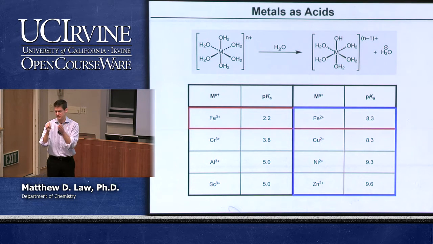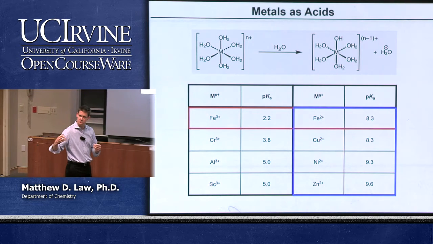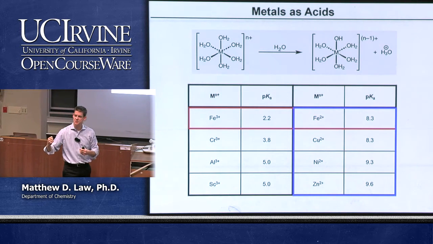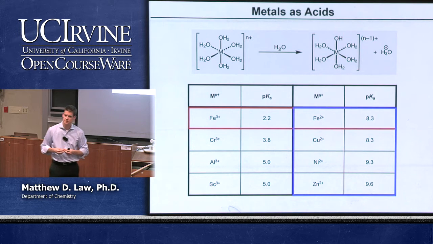So you pull electron density from oxygen closer to the metal when you have a higher positive charge. And that also, by essentially inductive effects, pulls electron density away from the oxygen-hydrogen bond as well. So it doesn't just stop with that single bond, but it's an electrostatic effect, so it's felt throughout the entire molecule. So that's going to pull electron density toward the oxygen from the hydrogen, and toward the central metal from the oxygen. That's the idea.